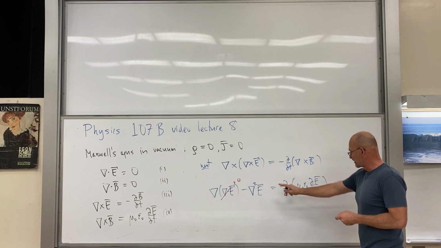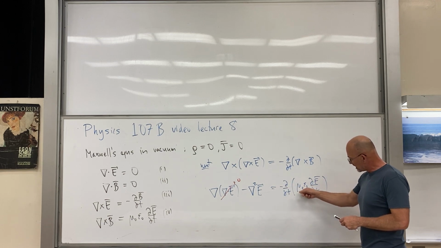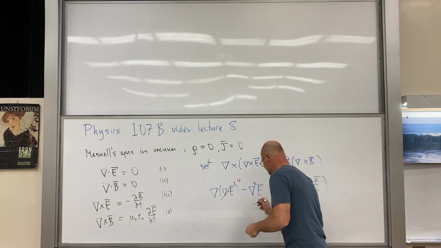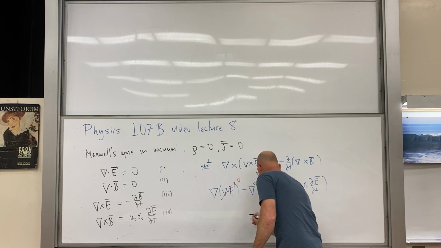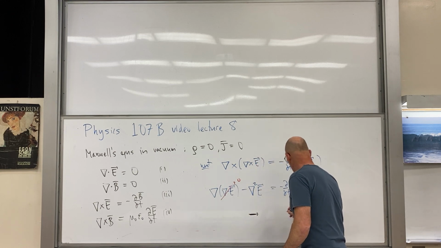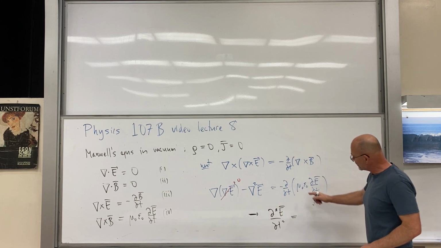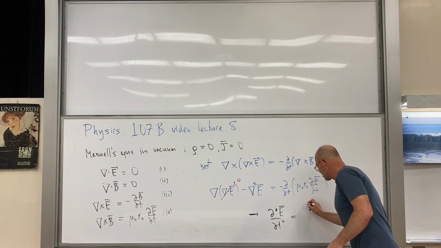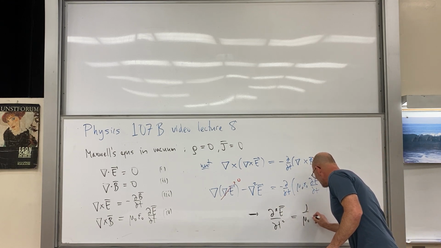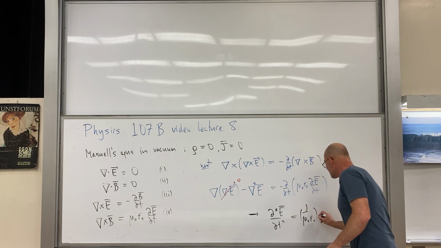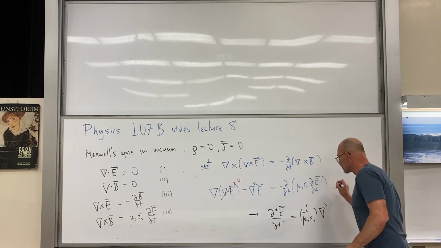And minus and minus will cancel. These are constants. We pull them out. I'll put this in the form d squared E dt squared equals 1 over mu naught epsilon naught times del squared E.